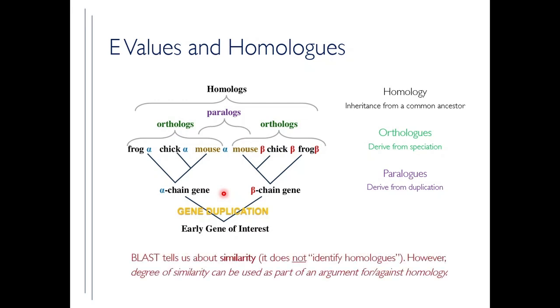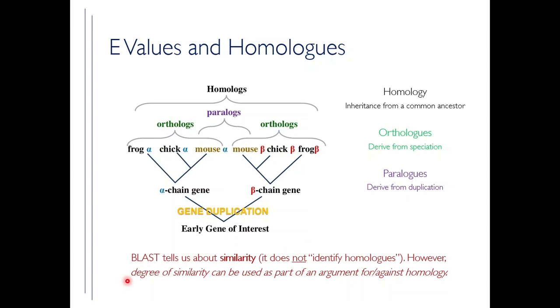This is really important actually, and one of the final things I'm going to say, which is that the output of a BLAST search, with an e-value, showing you the alignment and giving you the scores, tells you about how similar those sequences are to each other. It does not tell you if they are homologous or not.